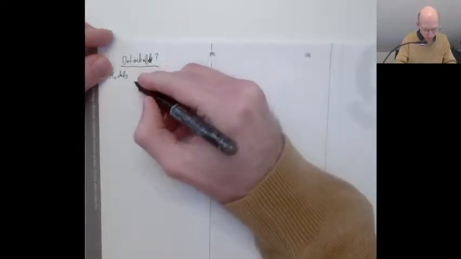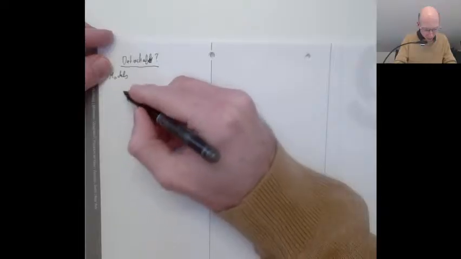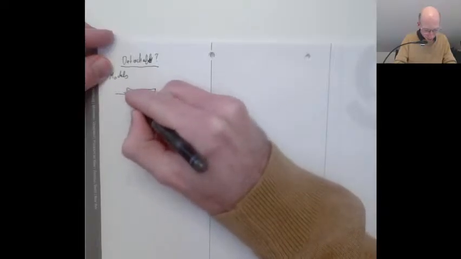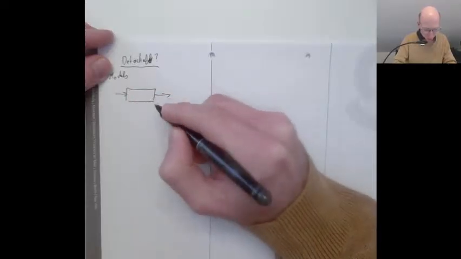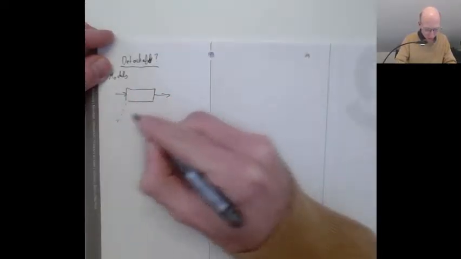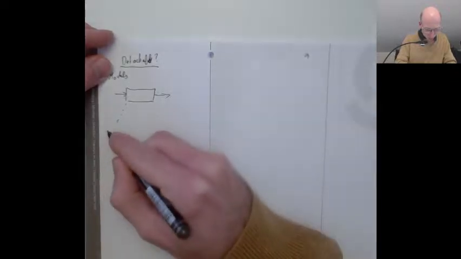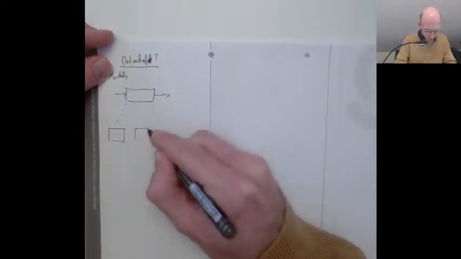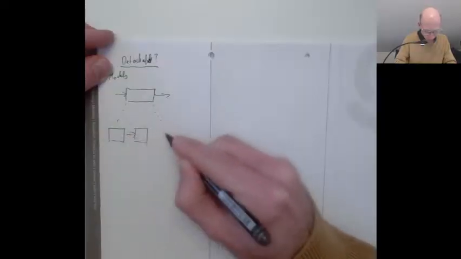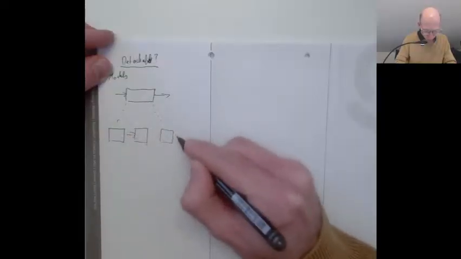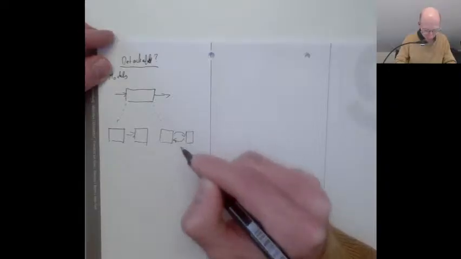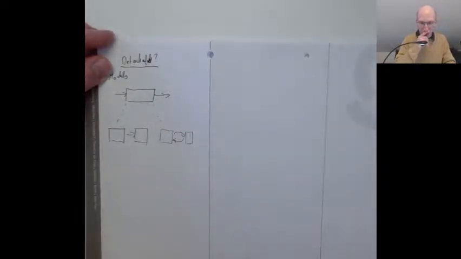And now the question is, if I draw my little black box again, something is coming in, something is going out. The question is, do we have something nicely separated? Or do we have something with feedback loops?